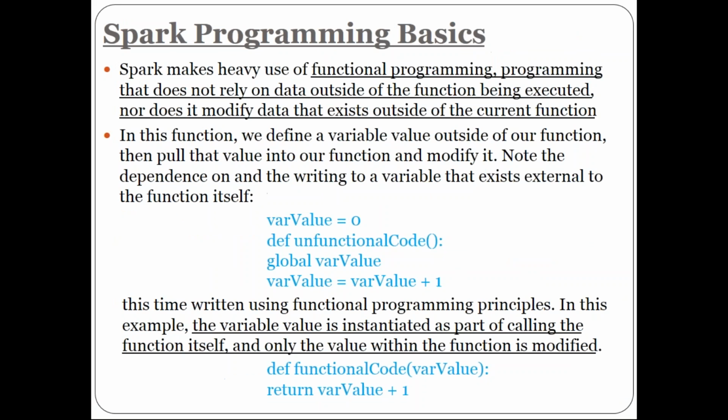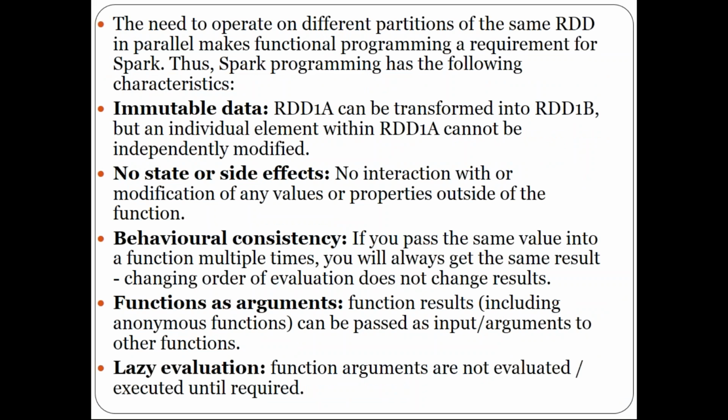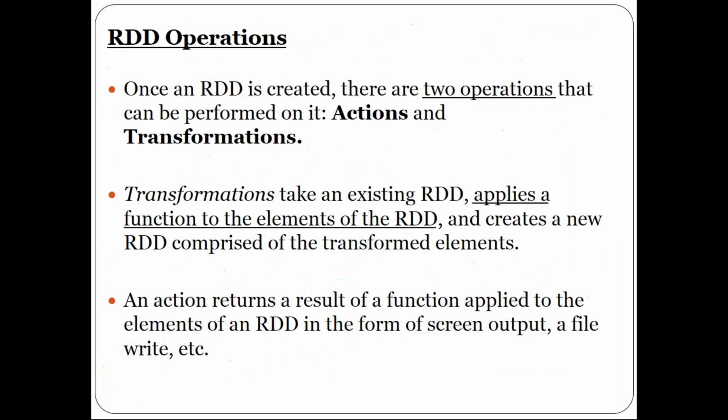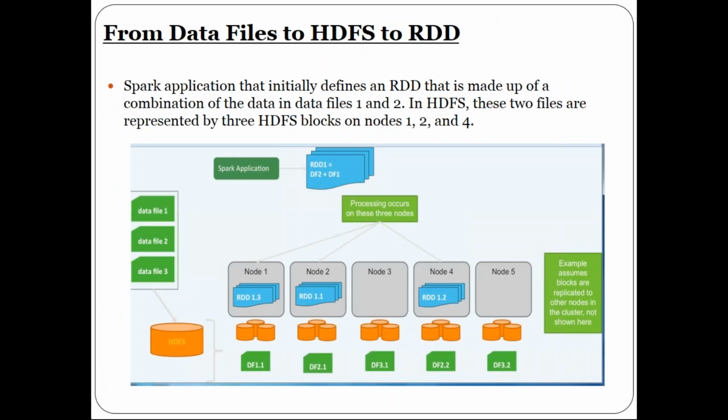next thing, this is over, and next one. The need to operate on different partitions of the same RDD in parallel makes functional programming a requirement for Spark. I repeat the statement. The need to operate on different partitions of the same RDD. I have given you an example here. In this example, you have an RDD which came from 3 different partitions, wherein 2 partitions are of one data file and 1 partition is of another data file.